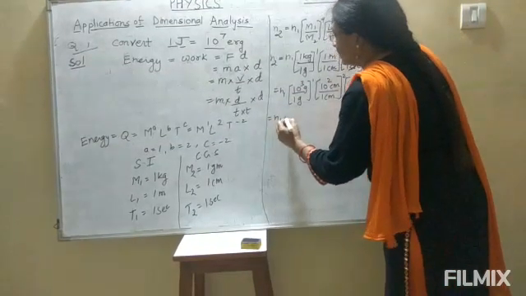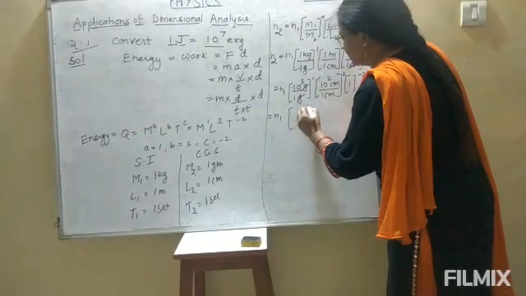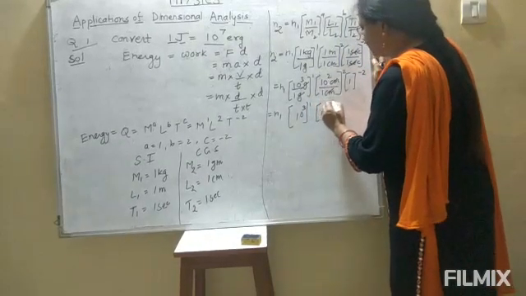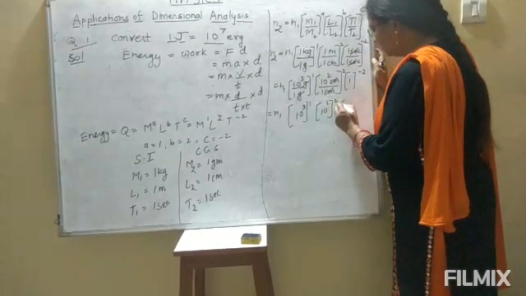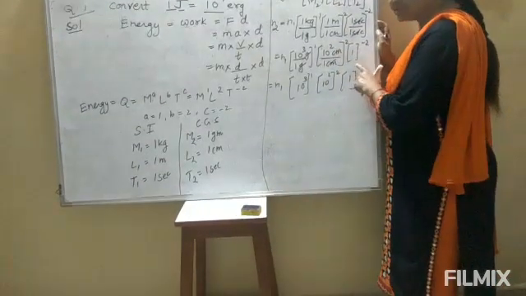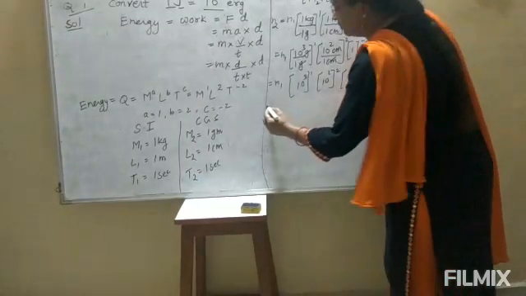So see here, N2 is equal to N1, gram and gram will be cancelled. So (10 raised to power 3) raised to power 1 and (10 raised to power 2) raised to power 2 and 1 raised to power minus 2, and we know that whatever power is there on 1, it will remain 1, that is equal to 1.